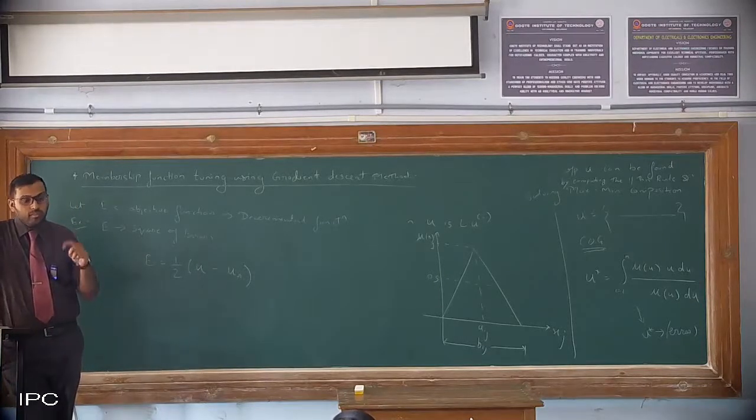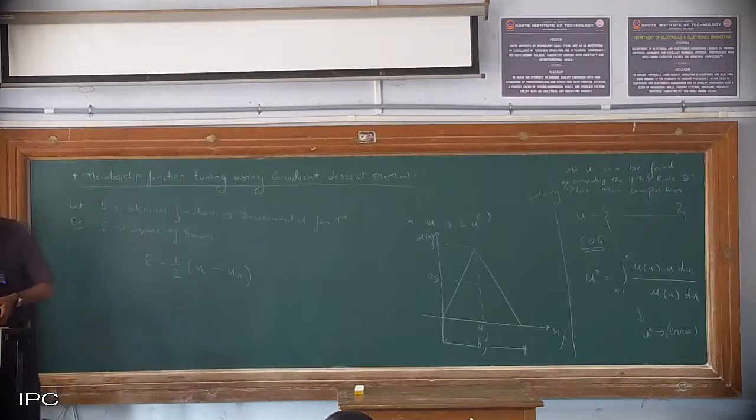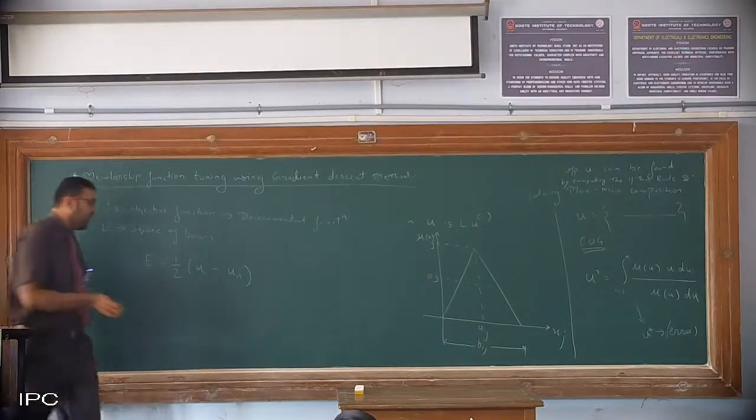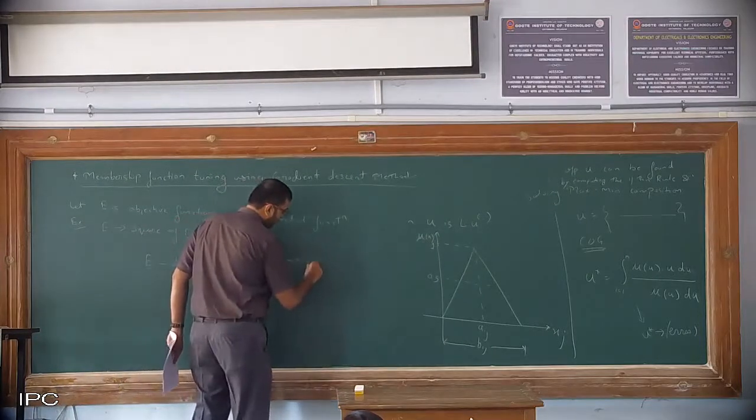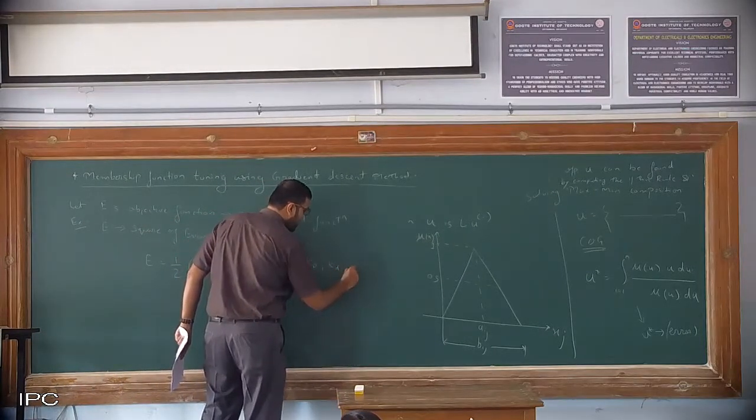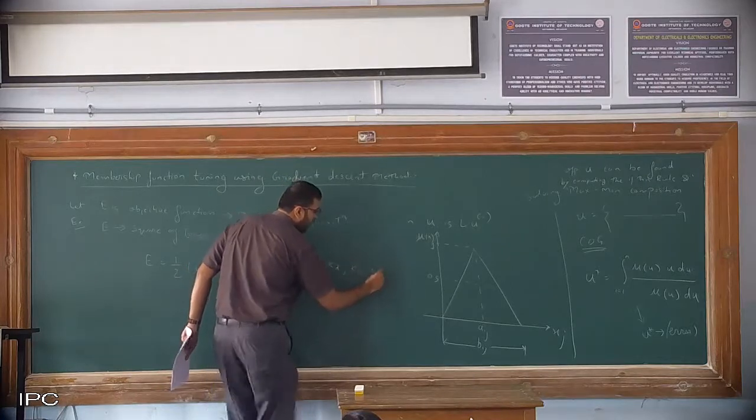Clear? Now, the next part. Depending upon the value of E, KP, KD, KI are varied.